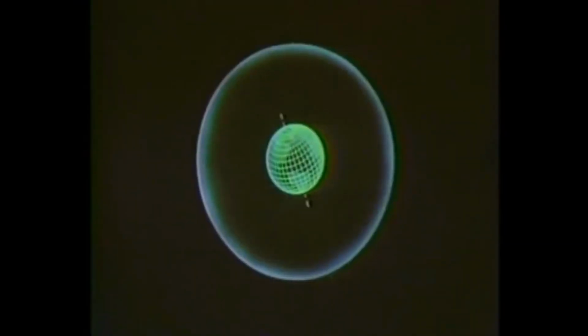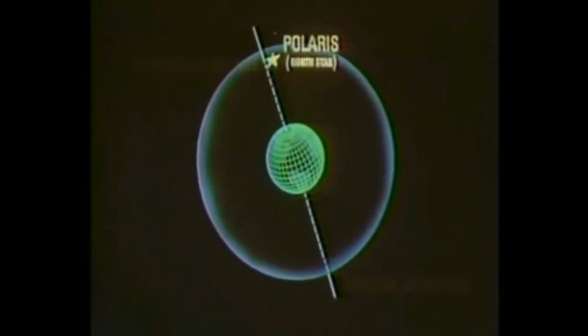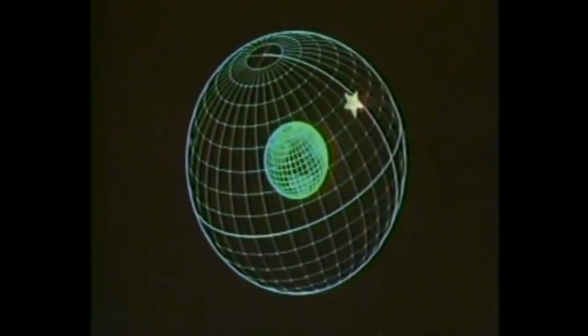To begin with, there is an axis, simply an extension of the Earth's axis. The points of intersection of the extended axis and the celestial sphere are called the celestial north and south poles. Polaris, or the North Star, is approximately at the celestial North Pole, and the rest of the sphere appears to revolve around it. Every celestial body has a point on the Earth directly below it. This is called the geographic position, or GP, of the celestial body.